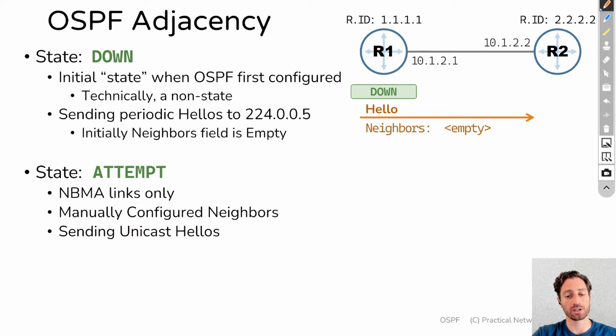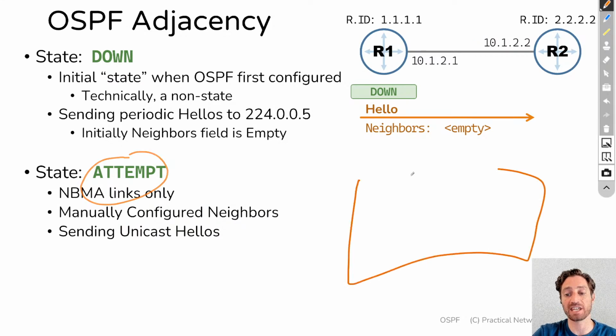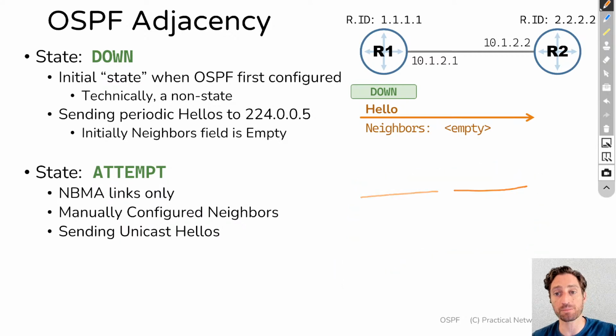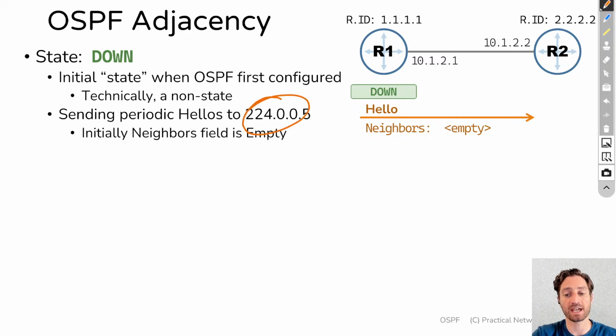When that happens, you will see an entry in the neighbor table that says, for this particular neighbor, we are currently attempting to create a neighbor adjacency. So again, you'll only see the attempt state on NBMA links. Most of the time, however, you can send to multicast, and you're going to go from down to the next state that we're going to talk about.